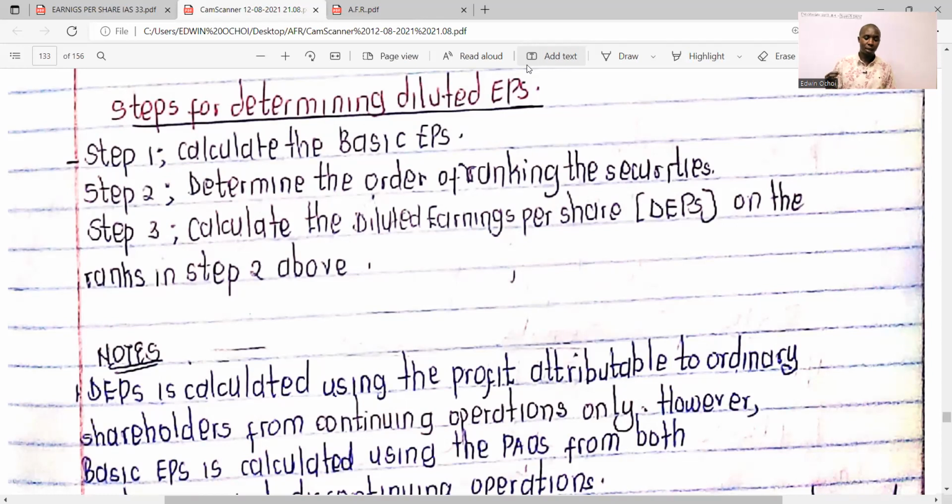After doing my relevant analysis, I will be able to check what potential these securities have in diluting my basic earnings per share.